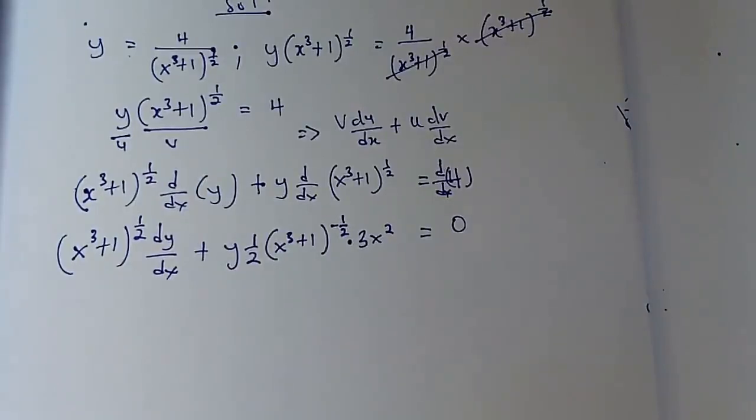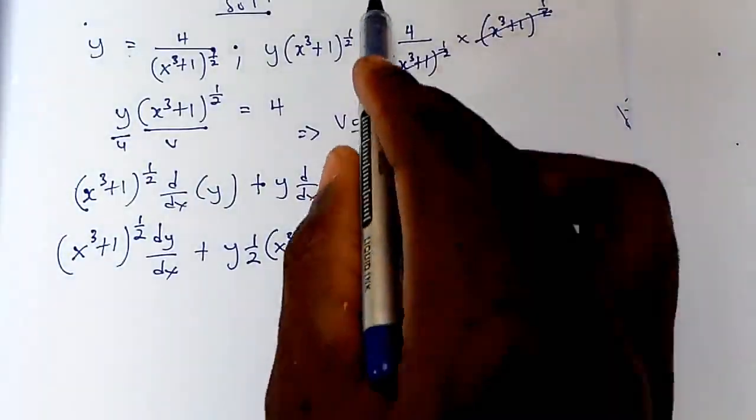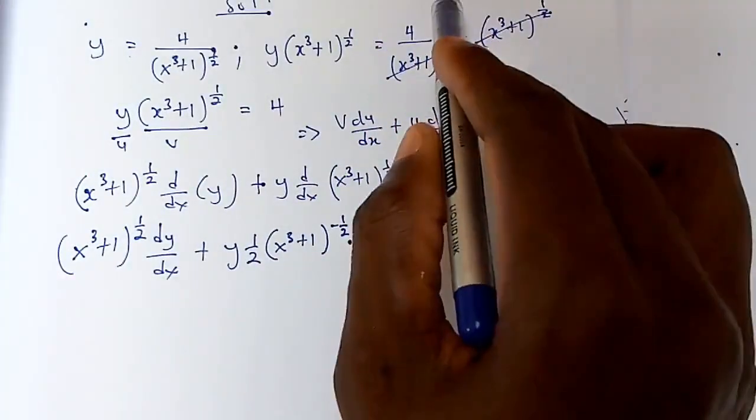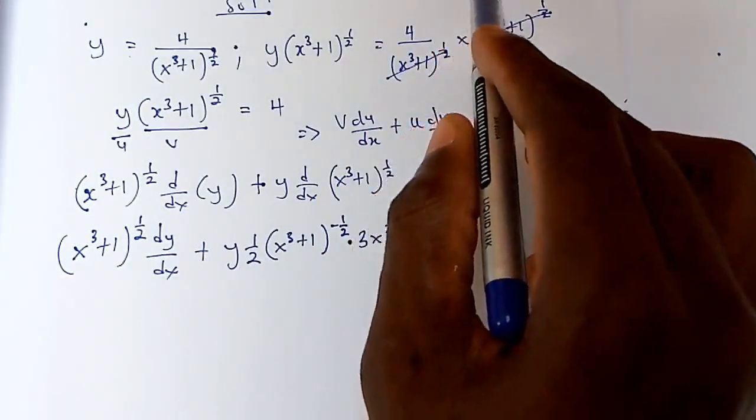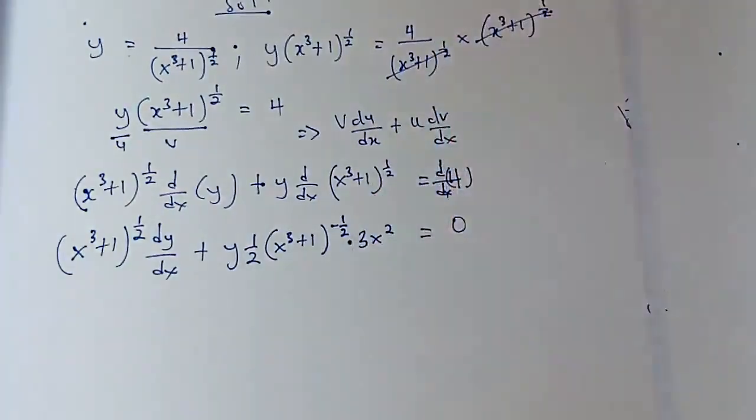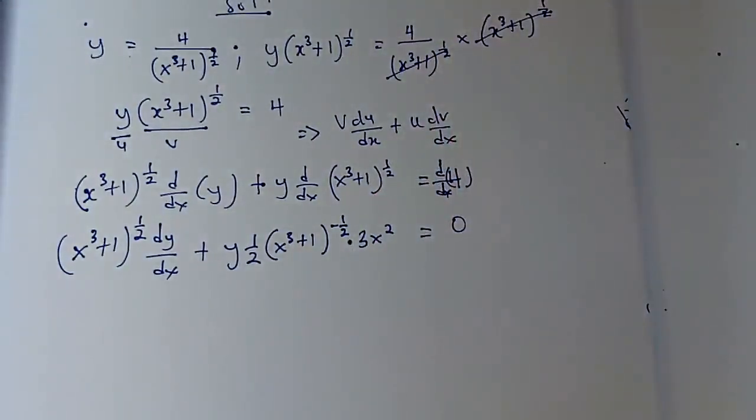Now what can we do? They're saying that we should show that 2x raised to the power 3 plus 1 divided by x is equal to negative 3x squared y.